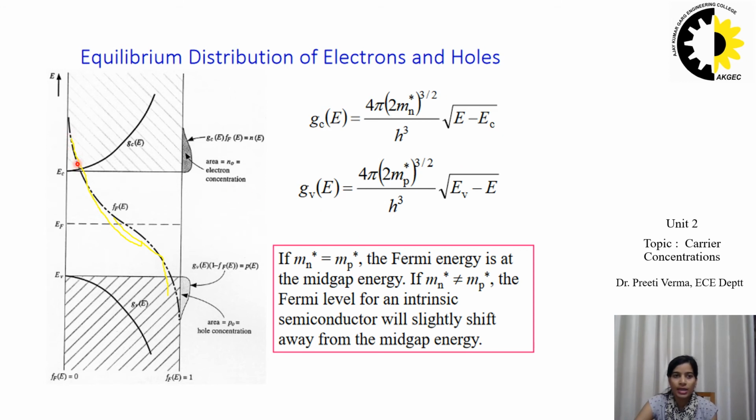Combining these two, we can find the overlapping area in which we will find the density of states. That is represented by the multiplication of Gc(E) and F(E).